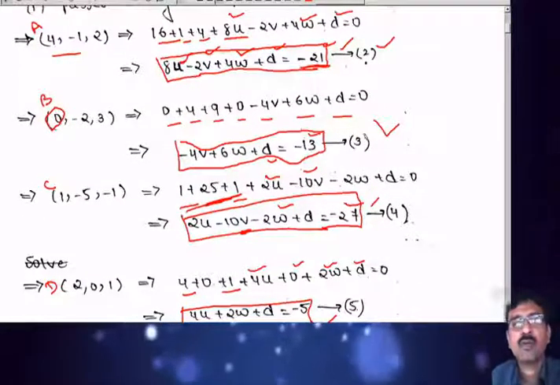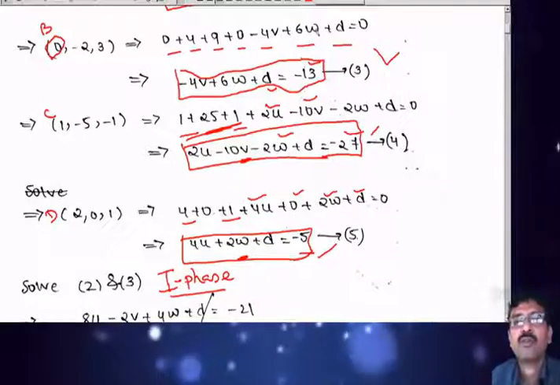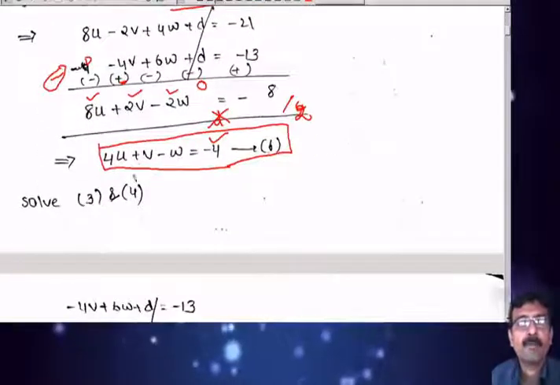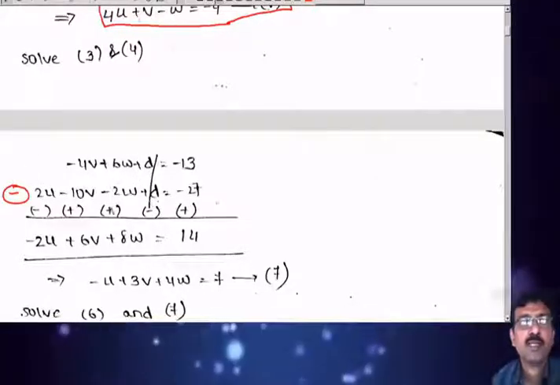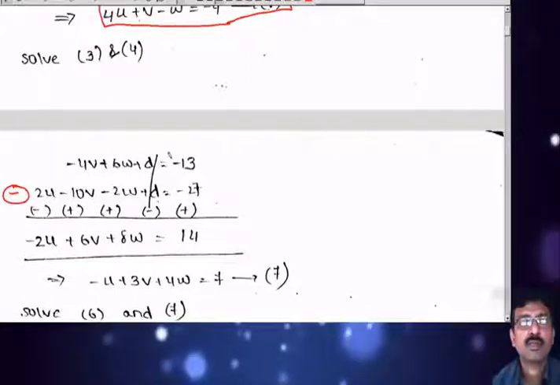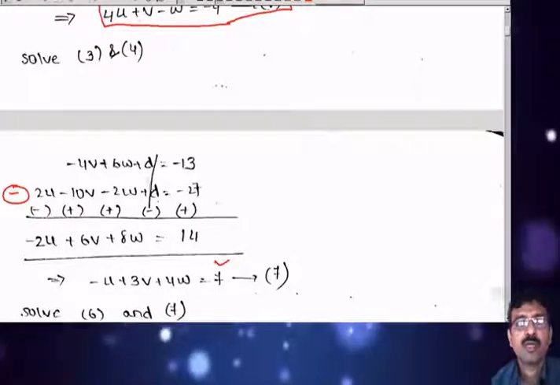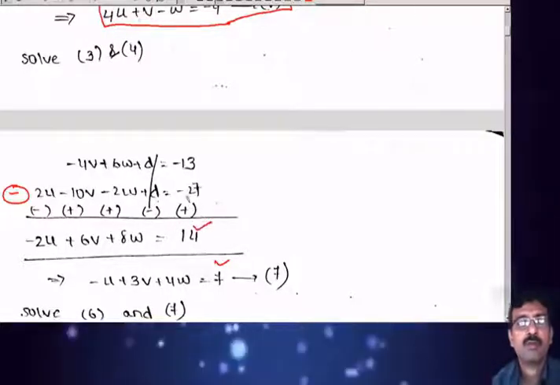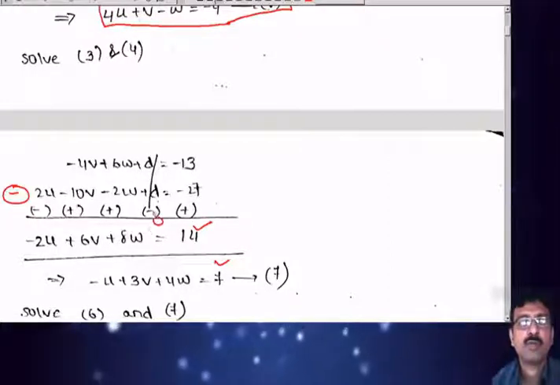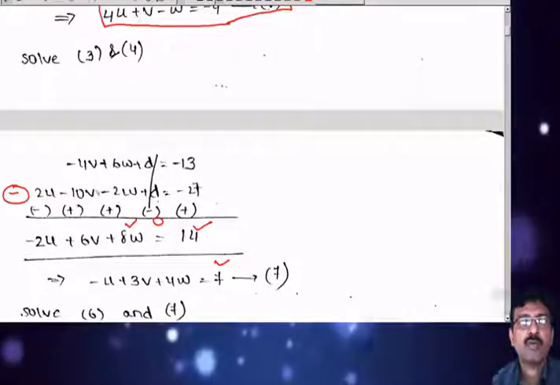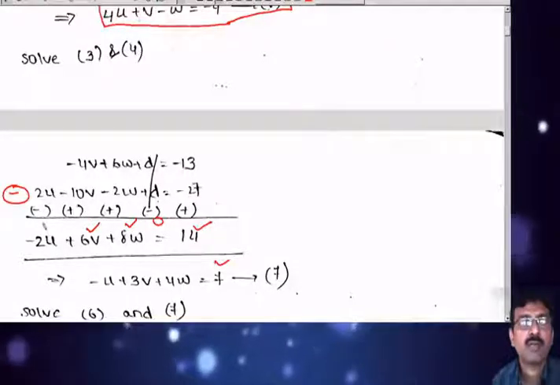Now we are going to take 3 4, after that 4 5, after that 5 3. 3 4, we are also subtracting, so minus d, 27 minus 13, 14, here d minus d 0, 6 plus 2 is 8w, minus 4 plus 10 is 6, here only minus 2u.